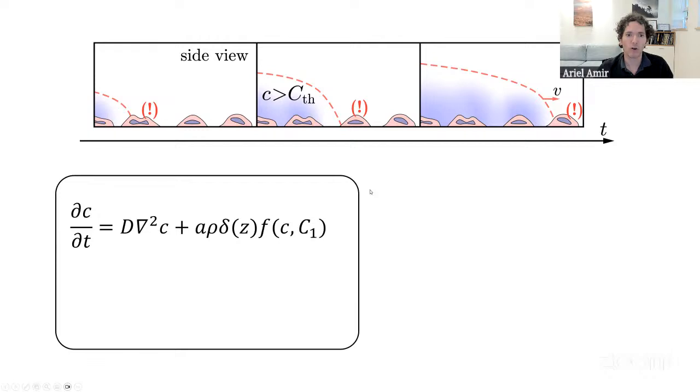And we can solve also that scenario or repeat the same dimensional analysis. So this is the same reaction diffusion equation I had before, but now I have an extra delta function in the z direction corresponding to the fact that all my emission is taking place on this surface.